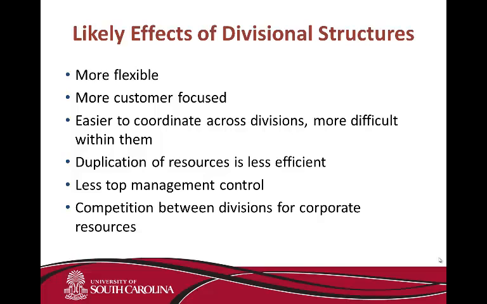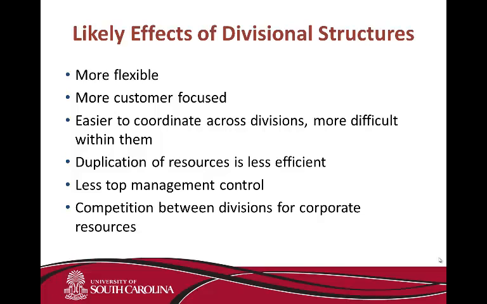It's easier to coordinate across divisions where people speak the same language, from the accounting department in the washing machine division and the accounting department in the computer division. Much more difficult within them because people don't share all of that same knowledge and language. There is some duplication of resources if we have all of the functions represented in all of the different programs or departments and divisions.